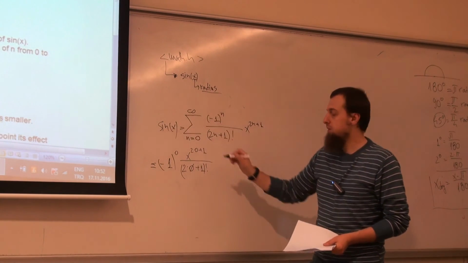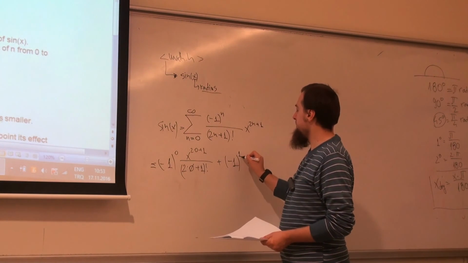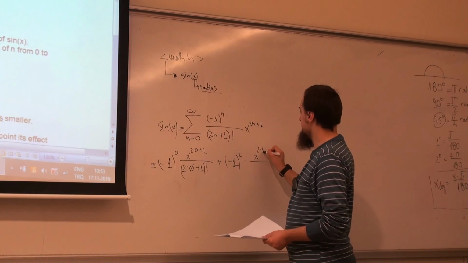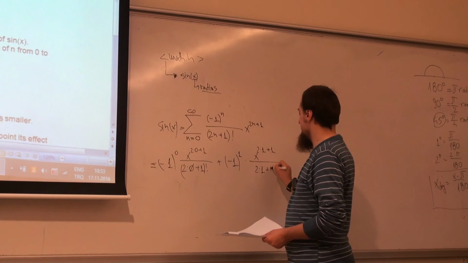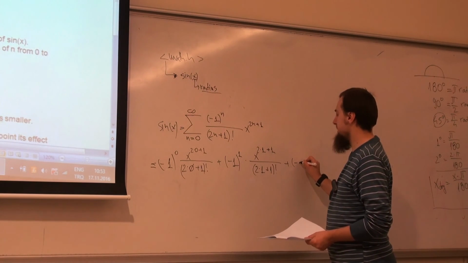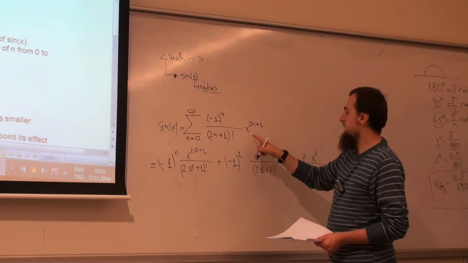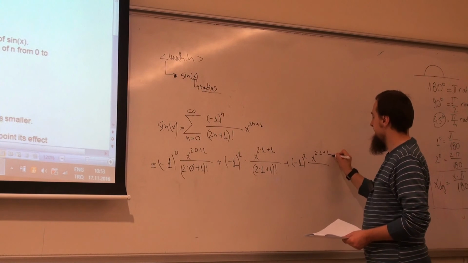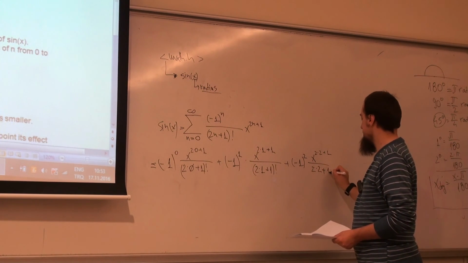We have a summation here, plus minus 1 to the power of 1 multiplied by x to the power of 2 multiplied by 1 plus 1, divided by (2 multiplied by 1 plus 1) factorial, plus minus 1 to the power of 2 x. So n is 1 here, then n becomes 2 here, divided by (2 multiplied by 2 plus 1) factorial.